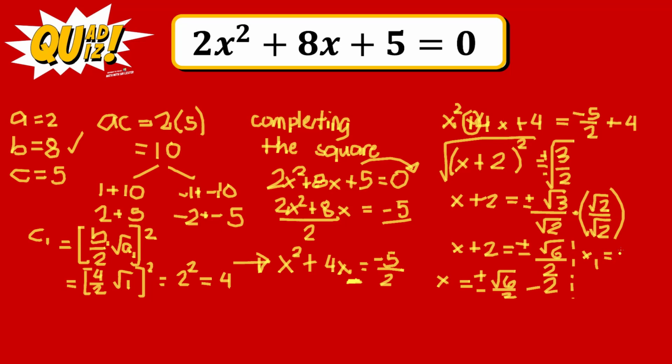You will have the positive square root of 6 over 2 minus 2, and your x sub 2 is equal to negative square root of 6 over 2 minus 2.